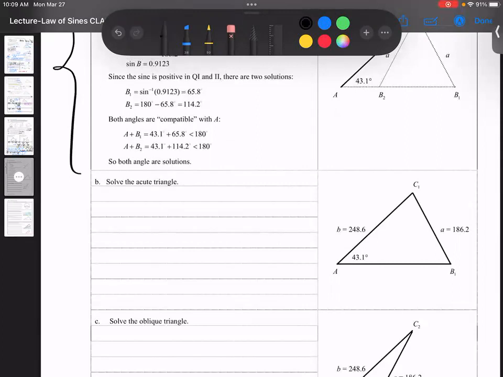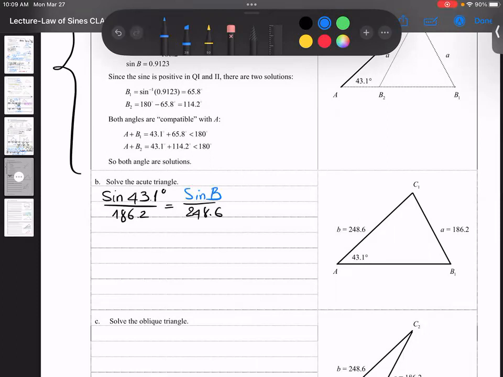I'm given angle A, so I can write out sine of 43.1 degrees over the opposite length, which is 186.2, equals sine B over little b, which is 248.6. The one I have to solve for is angle B.